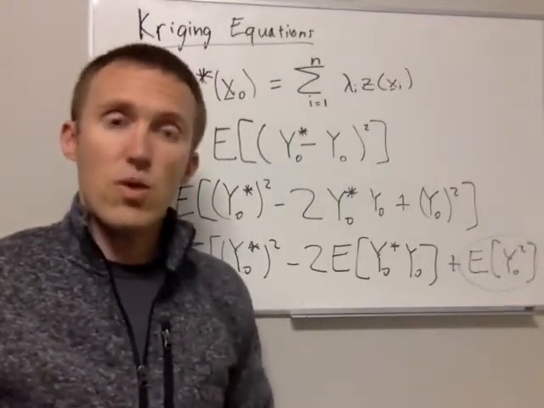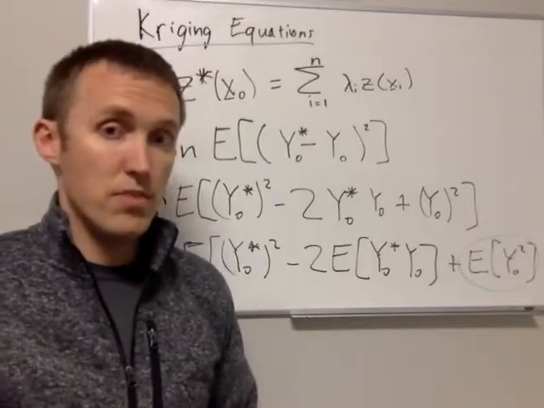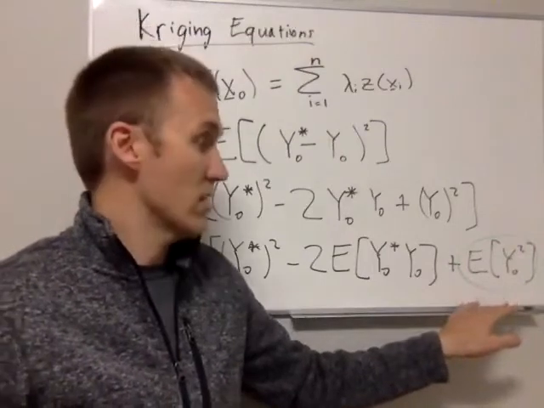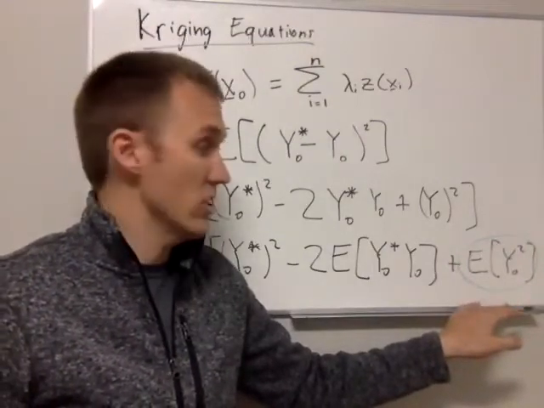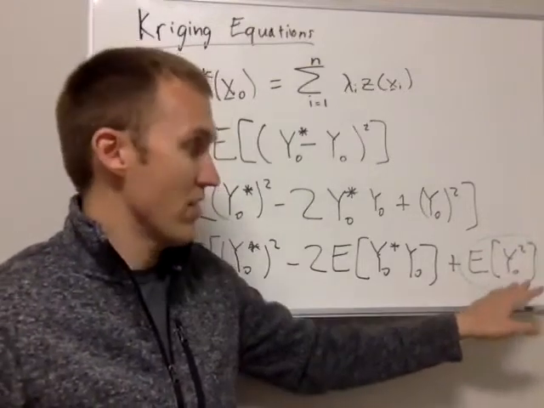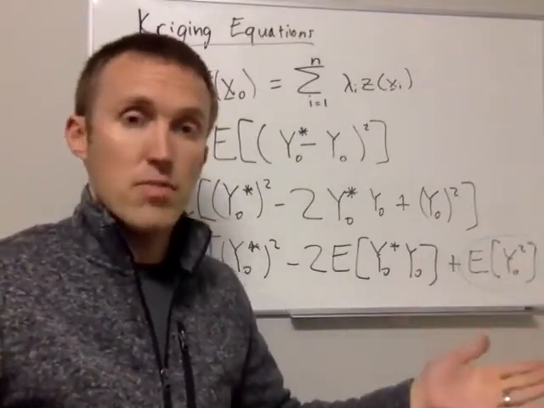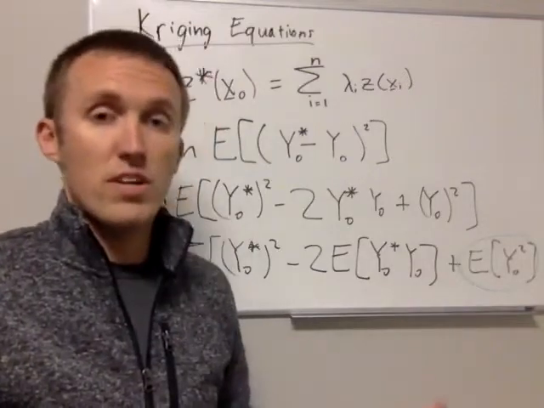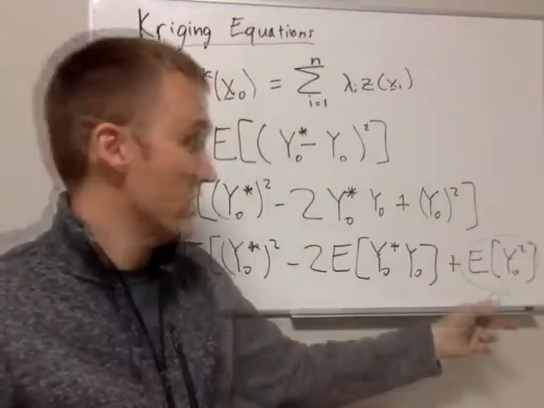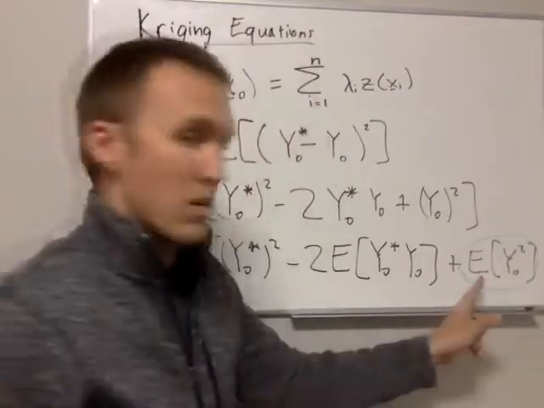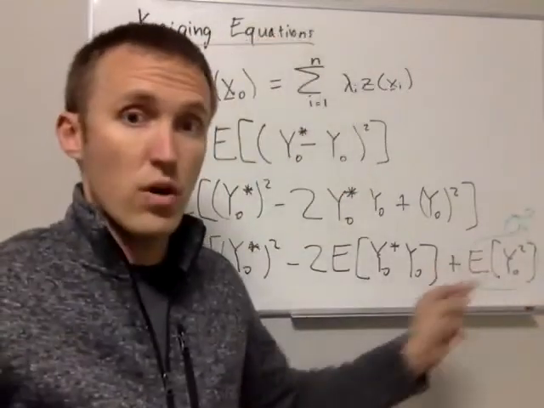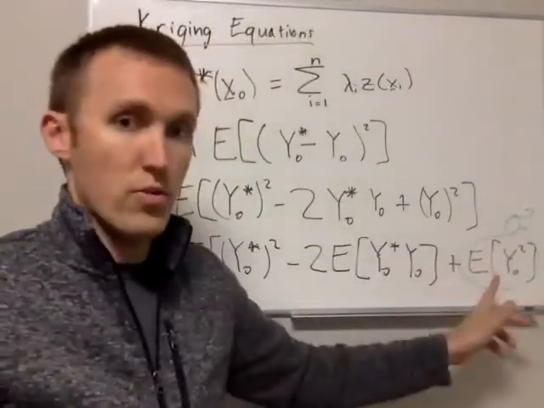Well, remember, because y has a 0 mean, the variance of y at the new estimation location should be the expected value of y squared, which we have here, minus the mean of y squared. But the mean of y is 0, and so this is actually just sigma naught squared. It's just the variance of y. So this term can just be written as sigma squared naught. Okay, so that's one of our 3 terms.